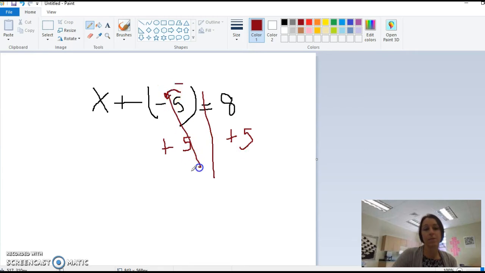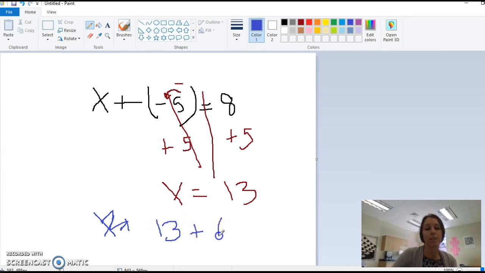So these cancel. We're left with x equals 8 plus 5 is 13. Plugging it in to check, we know that we think that x is 13. So 13 plus negative 5 equals 8. And when you plug it in your calculator, you don't have to put the parentheses. You can just type in 13 plus 5, make it negative, and that is 8.